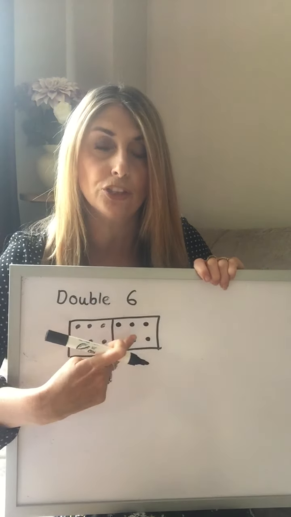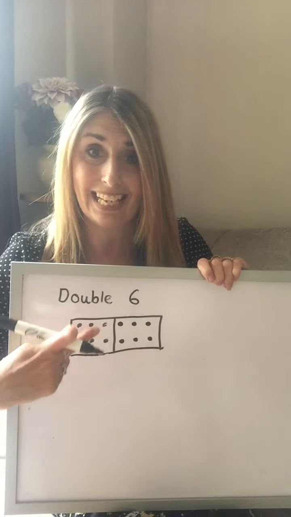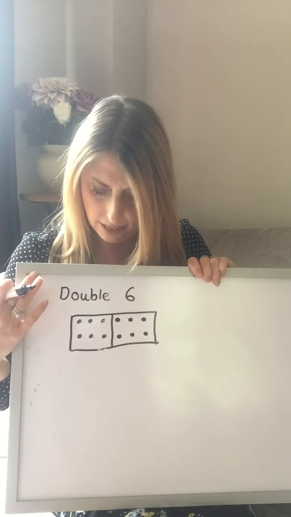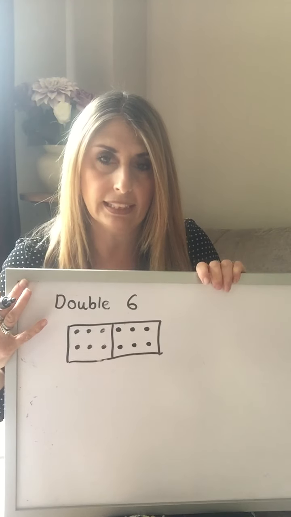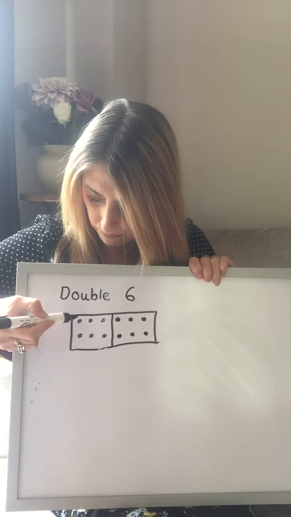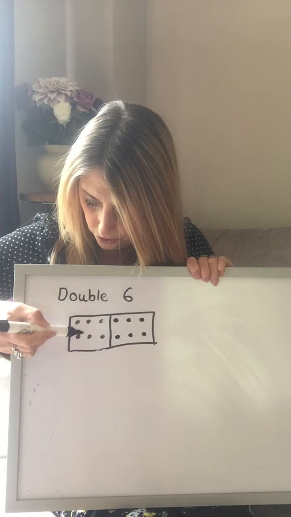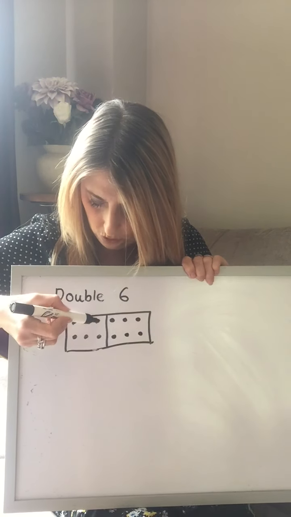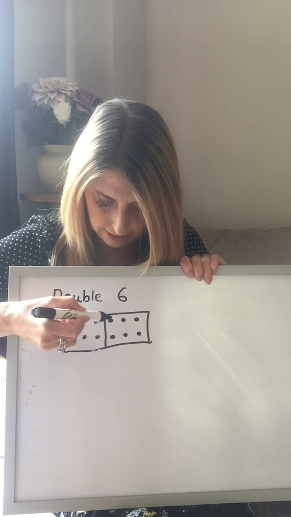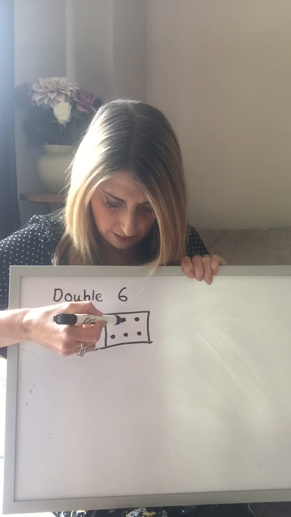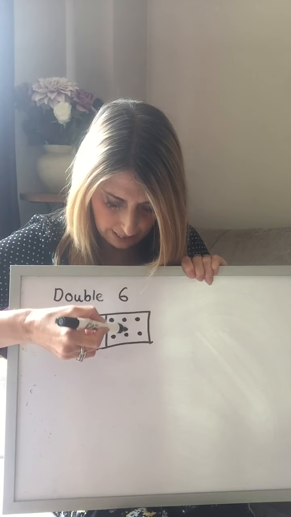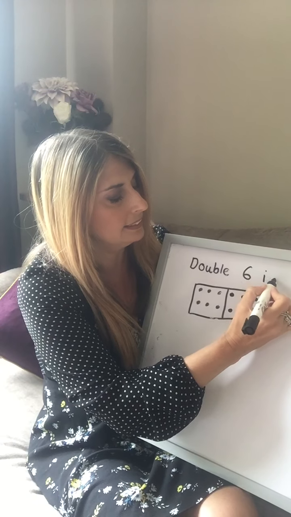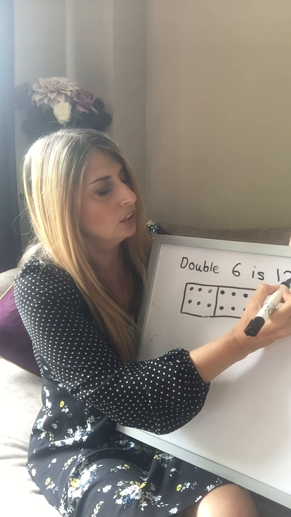It's very important you have exactly the same amount, okay? Let's see what double 6 is. Let's count them all together. 1, 2, 3, 4, 5, 6, 7, 8, 9, 10, 11, 12. So double 6 is 12.